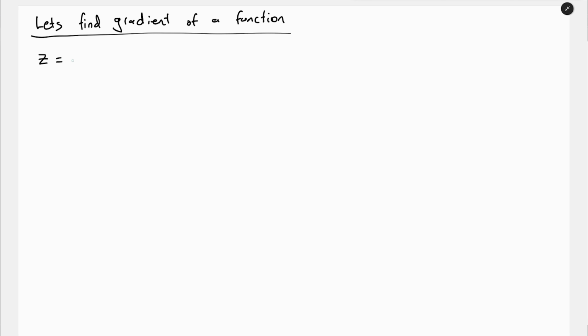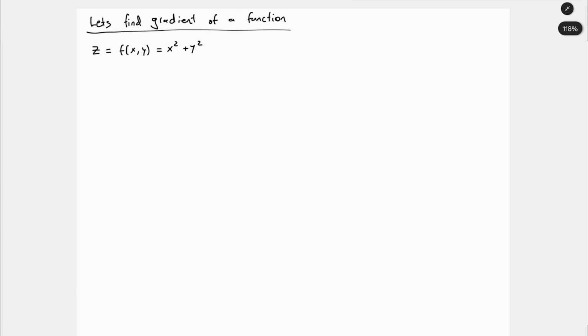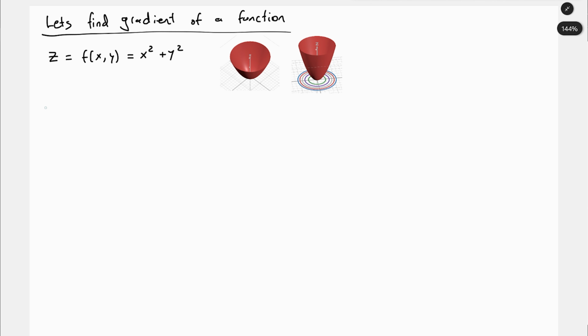So in our example from before, f of x and y was equaling x squared plus y squared. And we saw that it was looking something like this. So let's take grad f, which is also the same as grad z, the partial derivatives of f with respect to x and y.